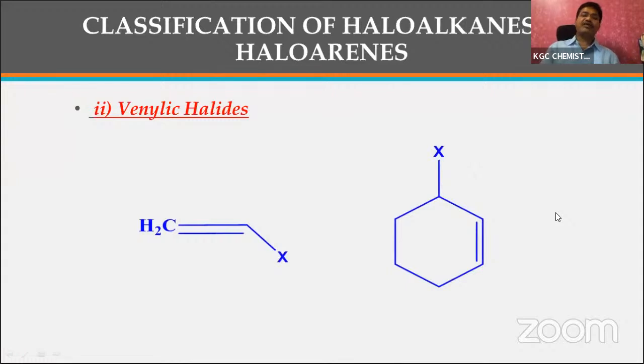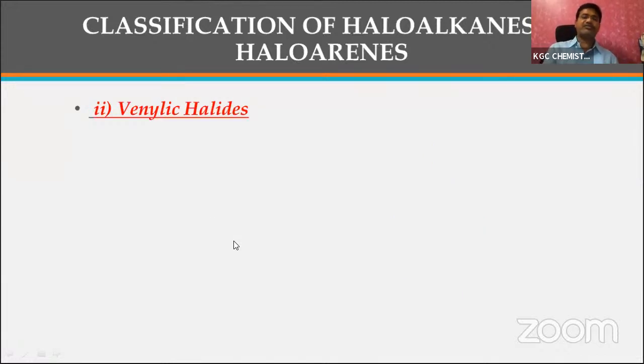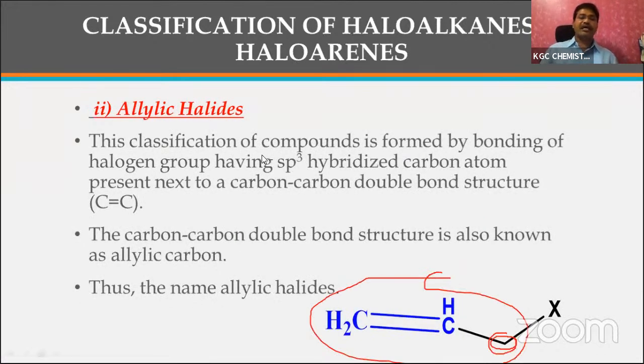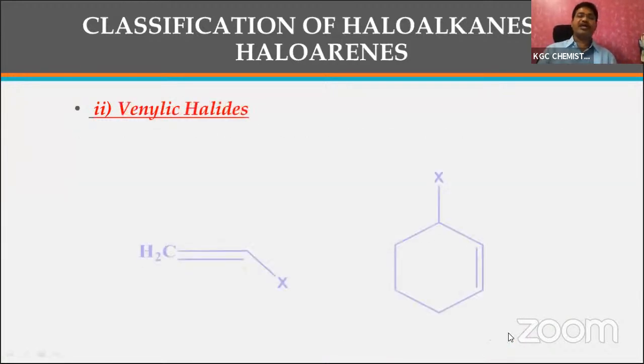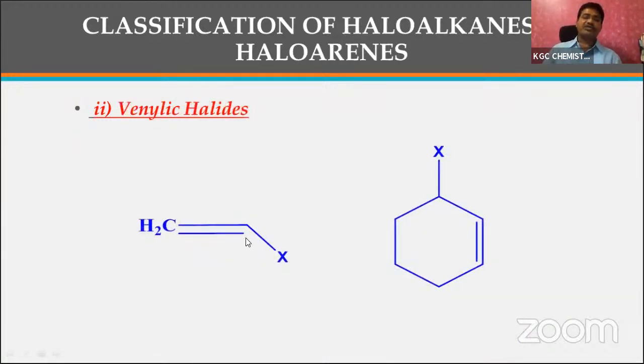Now, what are vinylic halides? In vinylic halides the carbon is sp2 hybridized. What is the difference between these two? In allylic halides, the halogen is attached to this carbon where the hybridization is sp3, whereas in vinylic halides, the halogen is attached to this carbon atom, which is sp2 hybridized.